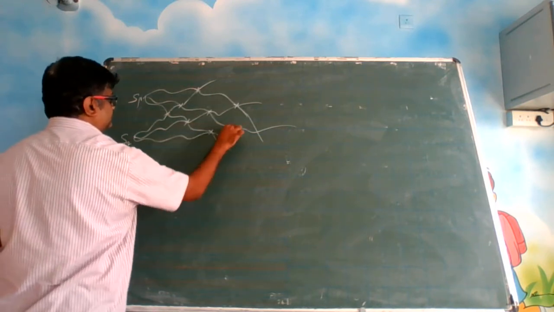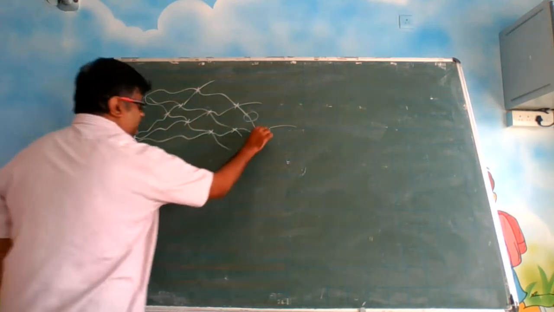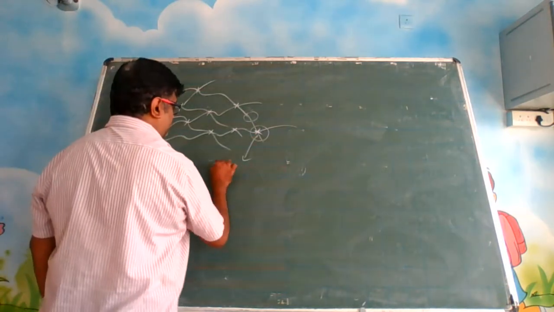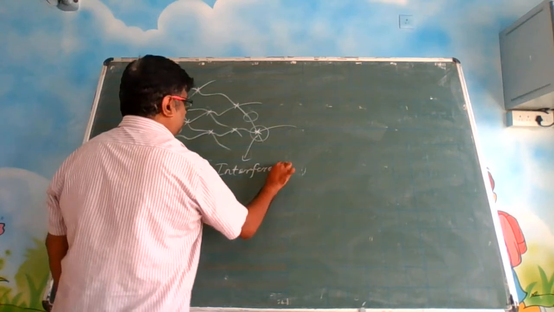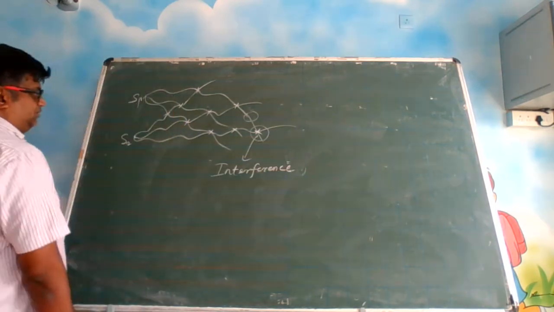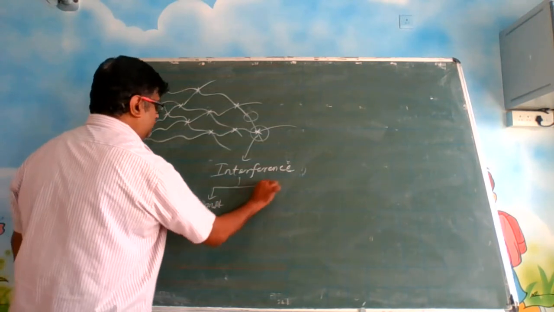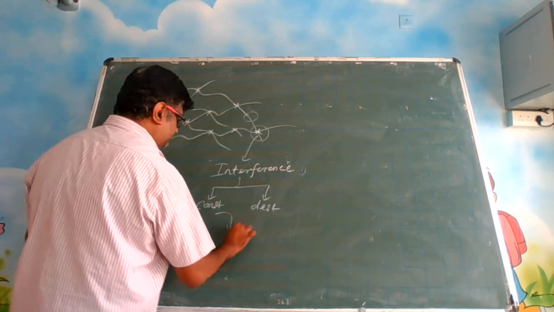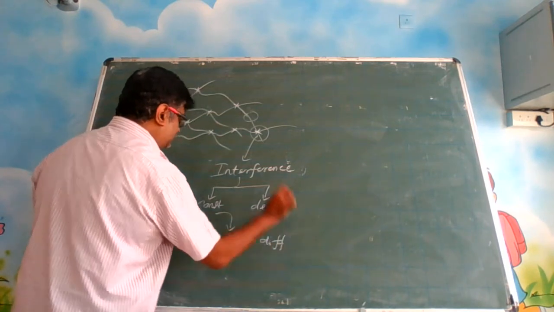At this point there is no interference. At this point there is interference. So this is the point of interference. It can be constructive or destructive depending upon path difference.